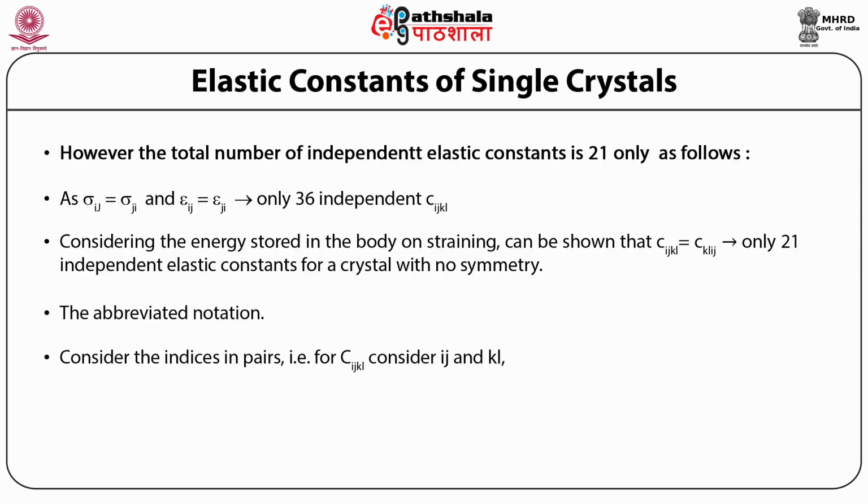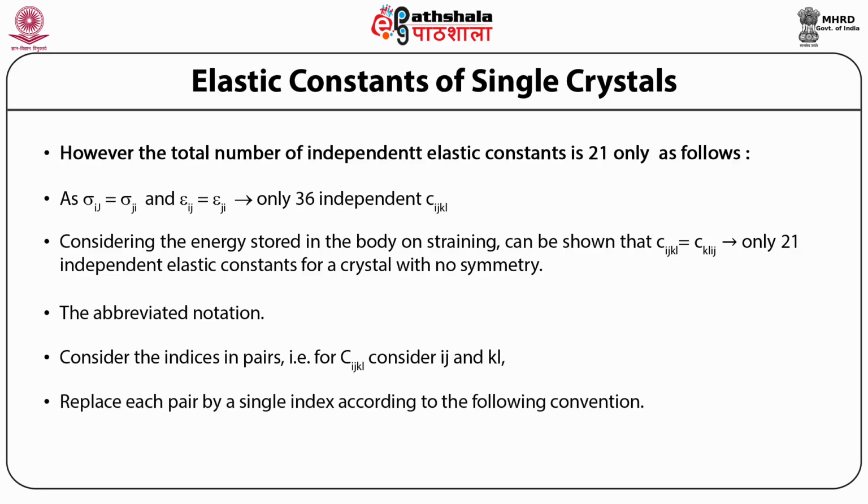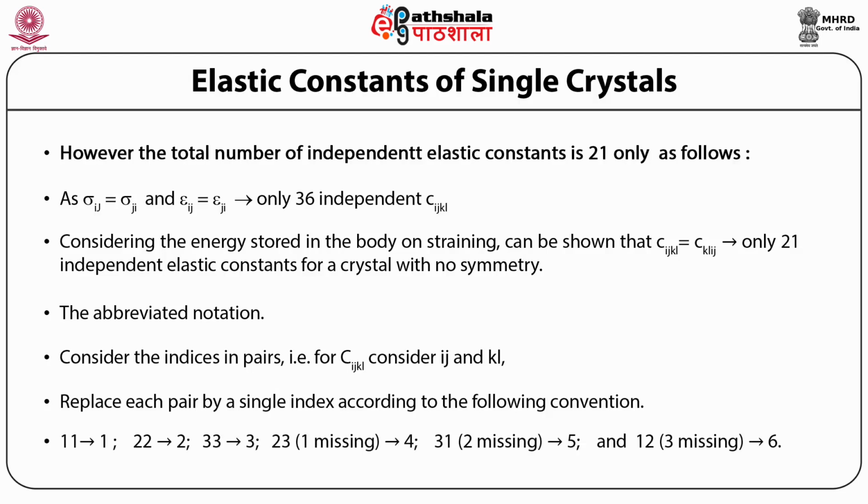Now consider the indices in pairs, that is for Cijkl, consider ij and kl. Second, replace each pair by a single index according to the following convention: 11 is replaced by 1, 22 by 2, 33 by 3, 23 and 32 by 4, 31 and 13 by 5, 12 and 21 by 6.